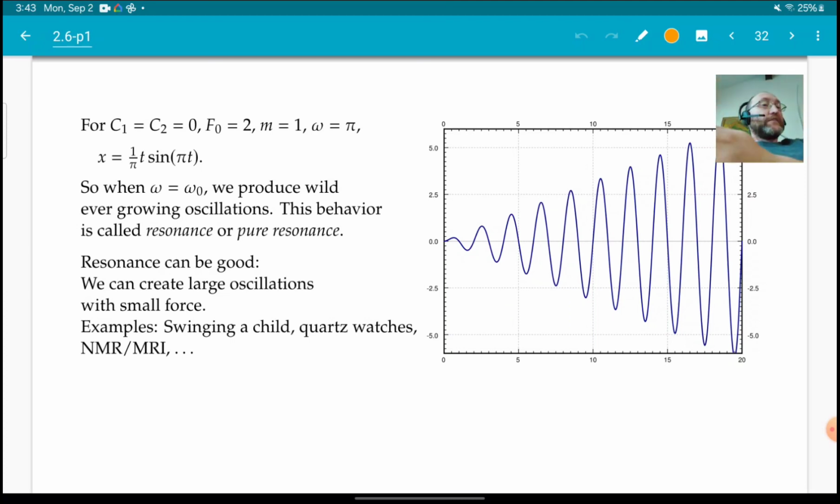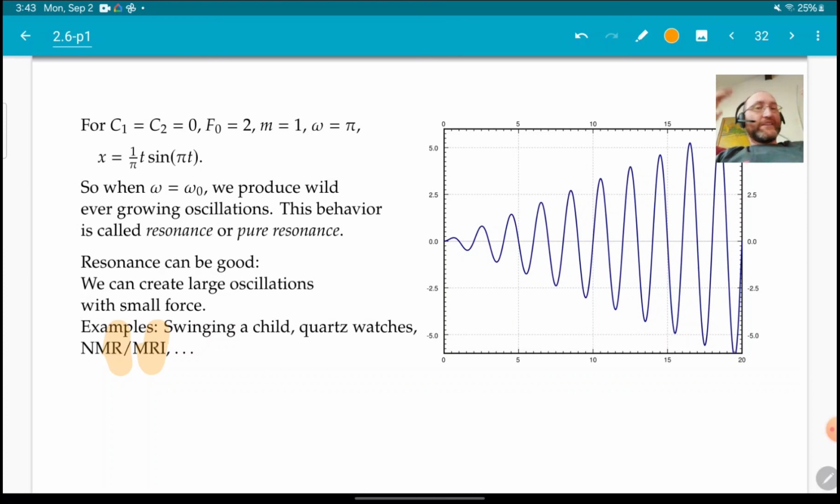Another example is quartz watches, right? If you have a watch, there's a crystal in there, and it resonates at a very specific frequency, and so you can use that to measure time. Other examples are NMR, magnetic resonance. It even has the R in there.